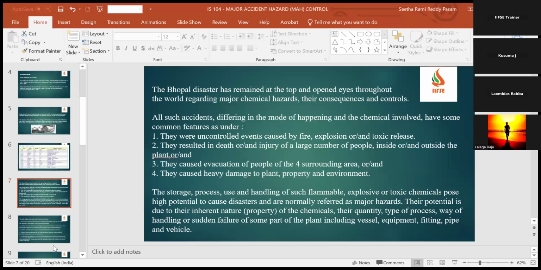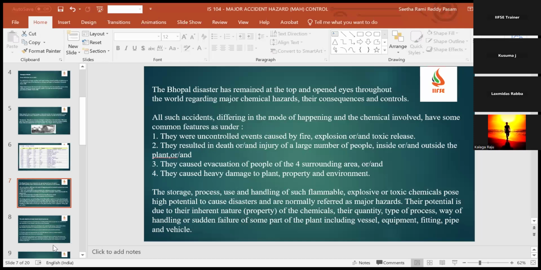If I say the commonalities, they were uncontrolled events caused by fire, explosion, or toxic release. So we can't control uncontrolled events. They result in death and injuries of a large number of people inside and outside the plant, and they caused evacuation of people of the surrounding area, and also heavy damage to the plant, property, and environment.